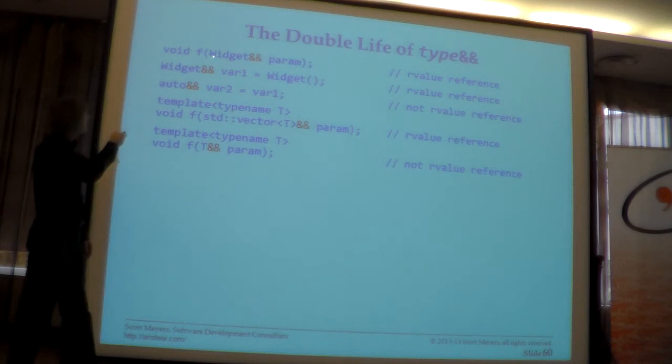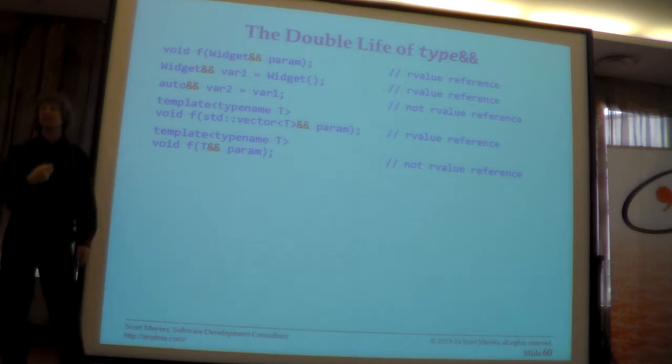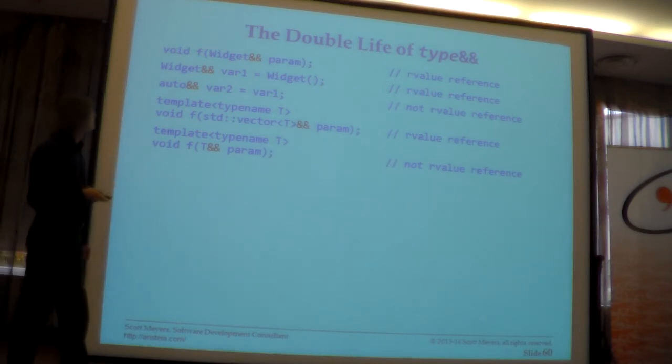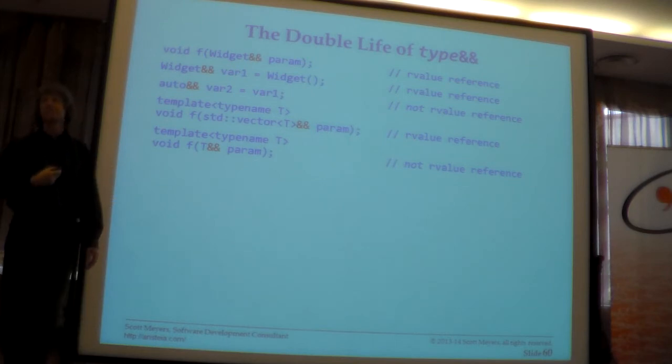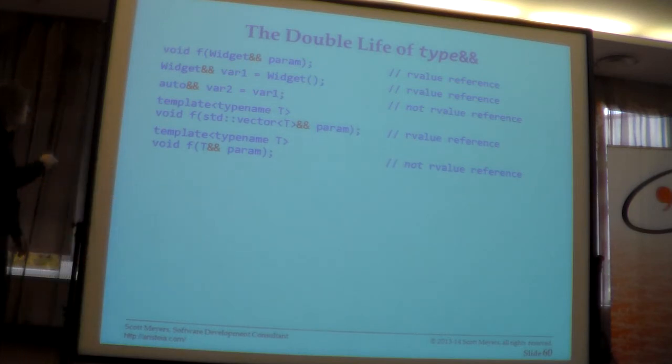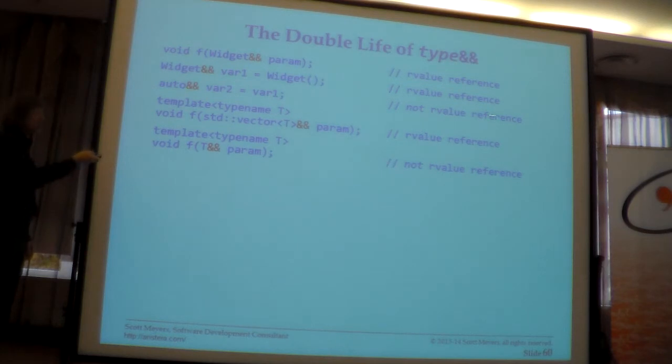If I say I've got a function which takes a parameter of type Widget&&, this is an R-value reference, just like you would expect. If I say Widget&& var1, this is an R-value reference, just like you would expect. If I say auto&&, this is not an R-value reference.